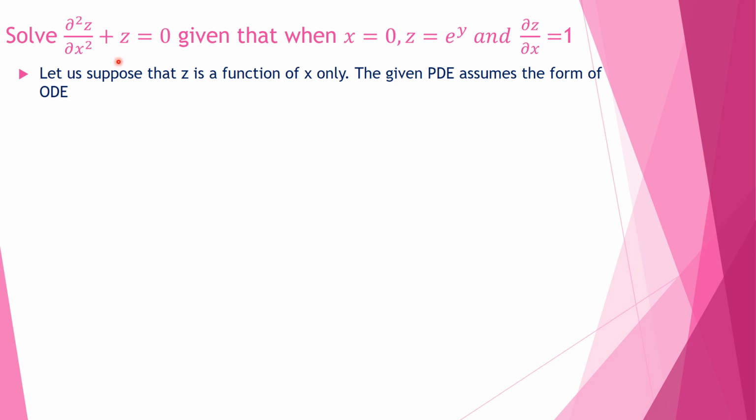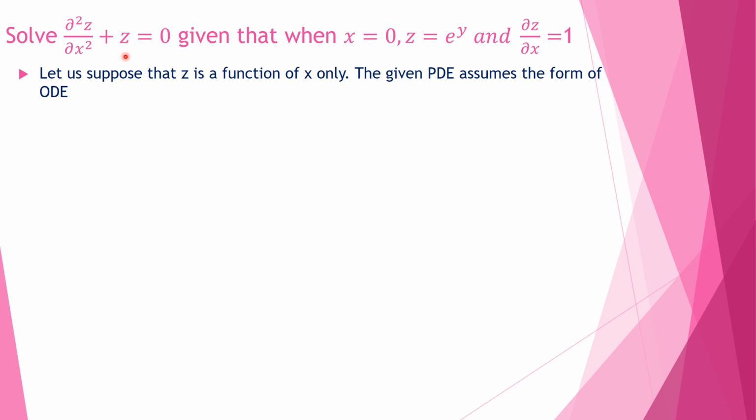Can we apply the previous method which we discussed for non-homogeneous PDE? Is it possible by direct integration? No. Why? Because if you shift this z term to the right side, this becomes ∂²z/∂x² = -z.